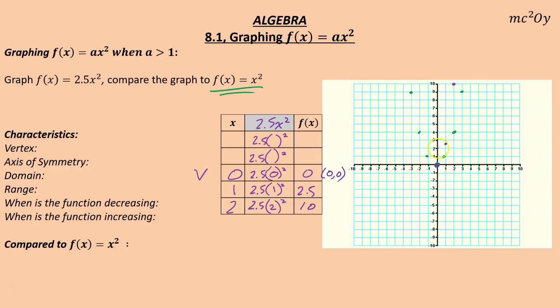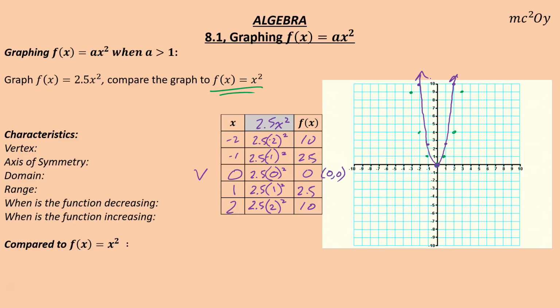Okay, well, I'm going to reflect those points this time. Rather than just figuring it out, like putting in -1 and -2 and doing all the math behind it, I'm just going to reflect it. I know this is going to be 2.5 because it's a reflection of this point. And I know this next one's going to be 10 because it's a reflection of that point. Now you could do the math just to double check. But notice when I actually connect these points here, and be careful when it gets really skinny like this, that it doesn't look like a V. But when I connect the points, it looks like my graph kind of went on a diet, right?